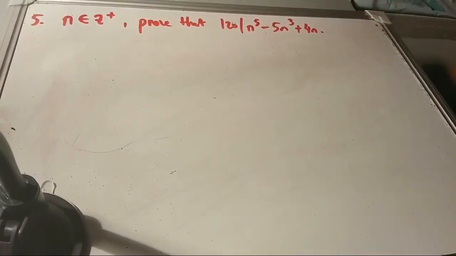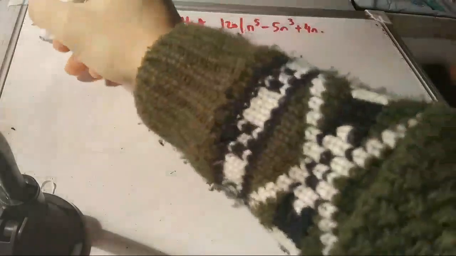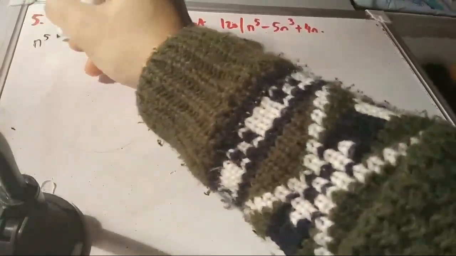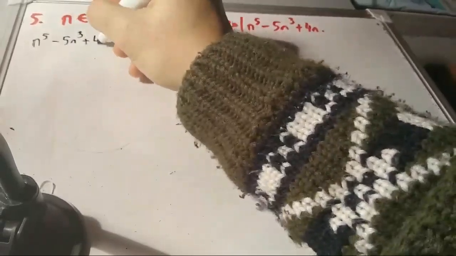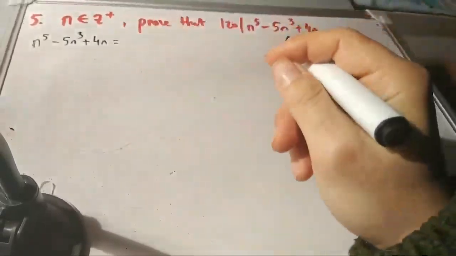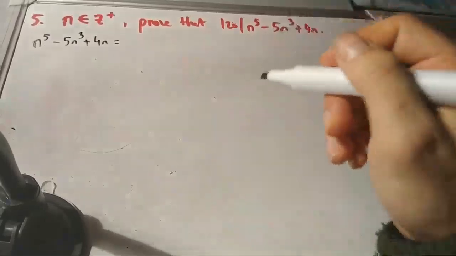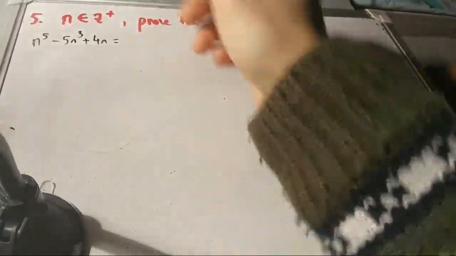So when we factorize n to the power of 5 minus 5n cubed plus 4n, we can find the common factor. What is the common factor? It is n.